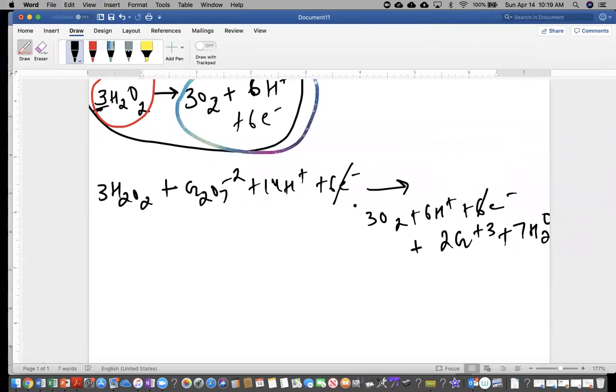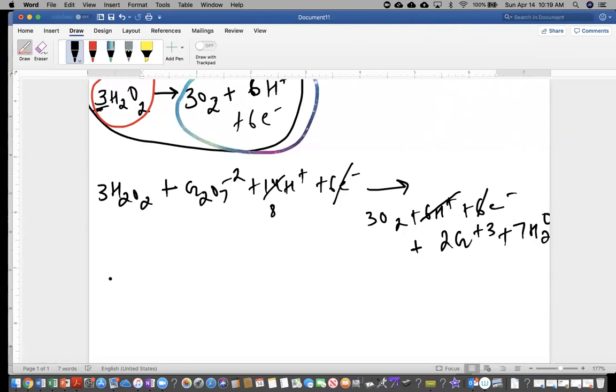You have 14H plus here, and then you have 6H plus, so all these 6 will be gone. You're basically subtracting 6 from both sides. You're not dividing or multiplying anything, just subtracting the smaller one from both sides. This 14 then should become what? 8. 8 H plus. That makes sense? Yeah, definitely.